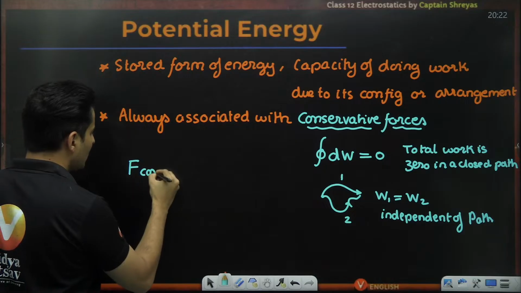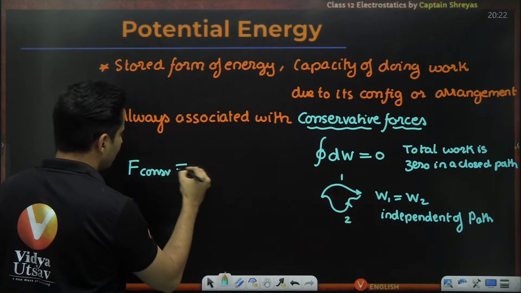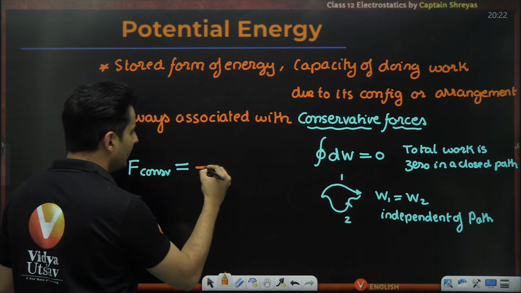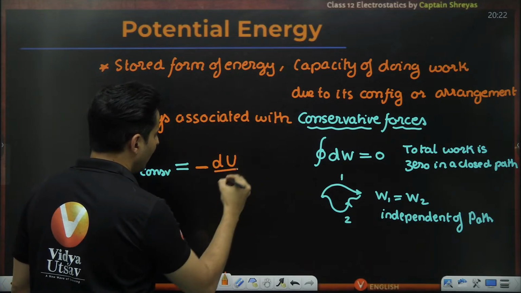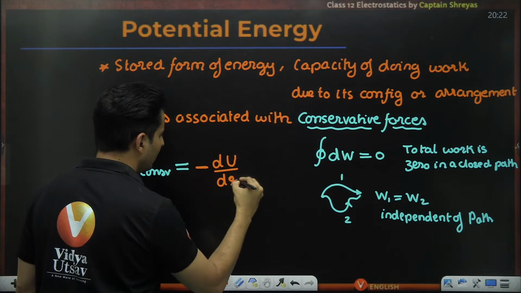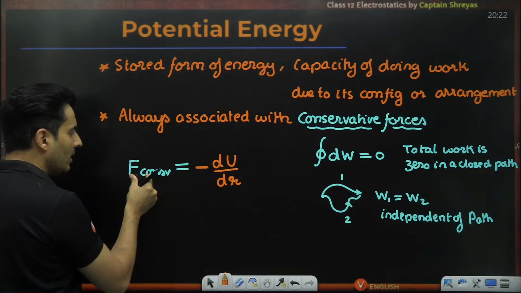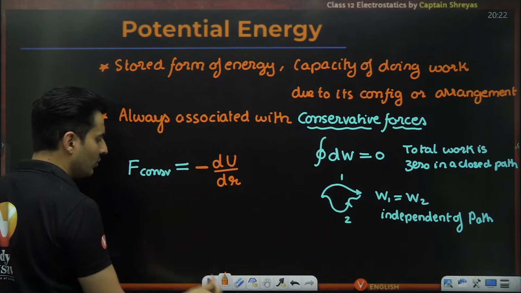Any kind of conservative force is related to its associated potential energy by this formula: F = -dU/dx or -dU/dr. This is the relation between them. If you take dr over here, force into displacement becomes work.